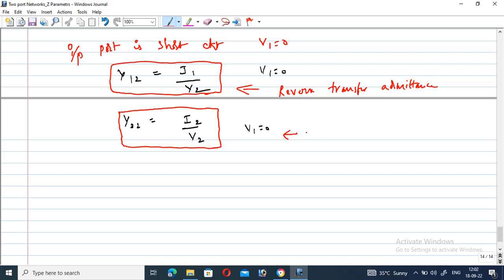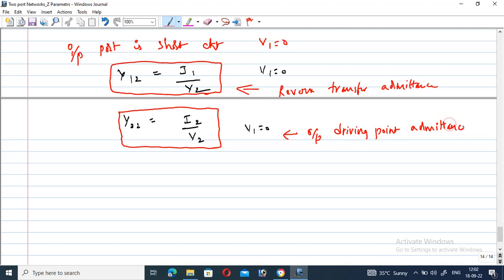Therefore, we can call it the output, second port side. Therefore, we can call it the output driving point admittance.